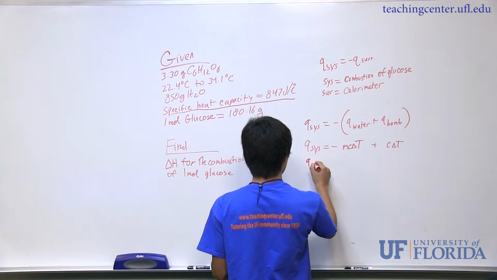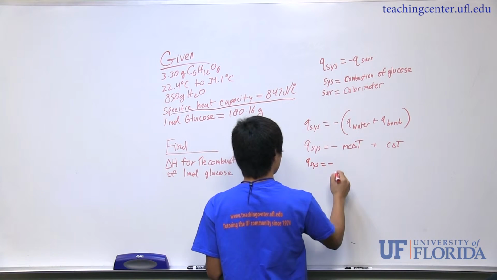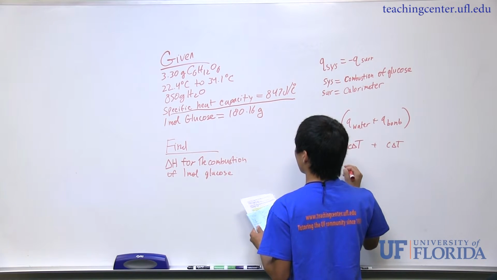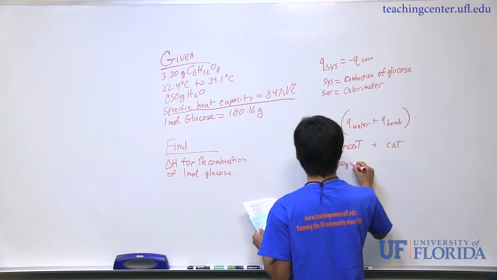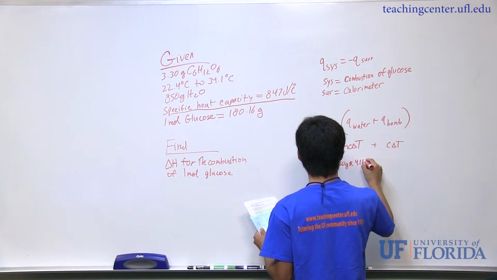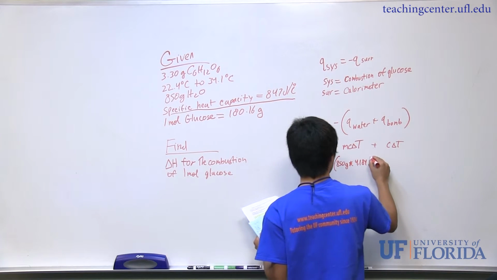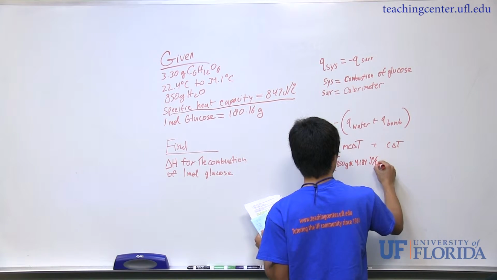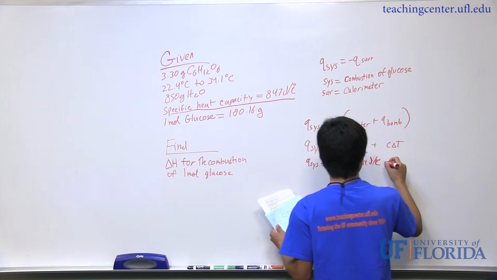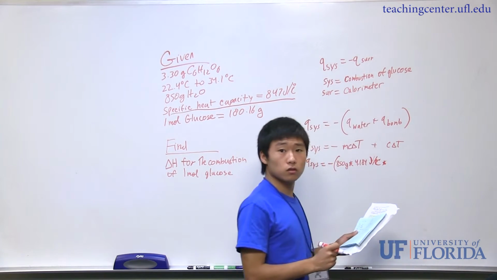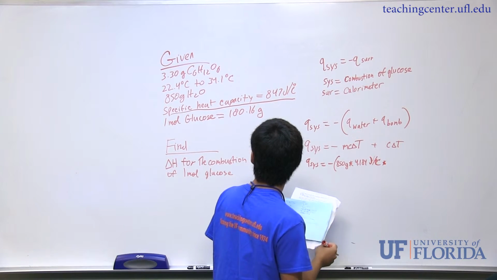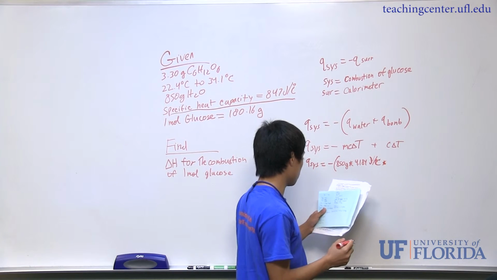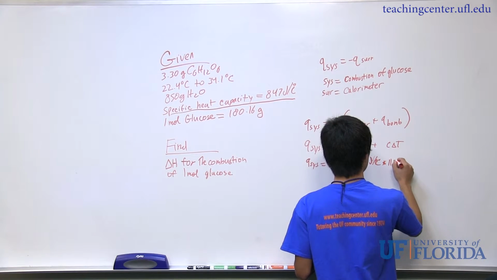So Q system is going to equal negative, we were given 850 grams of water, times 4.184, like I said before, because that's a constant, times the delta T, which in this case, you would subtract 34.1 from 22.4, which would be 11.7.